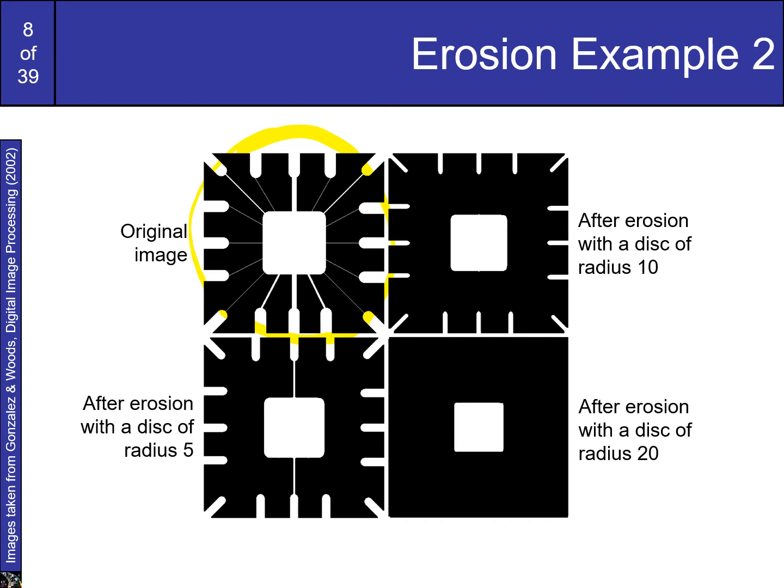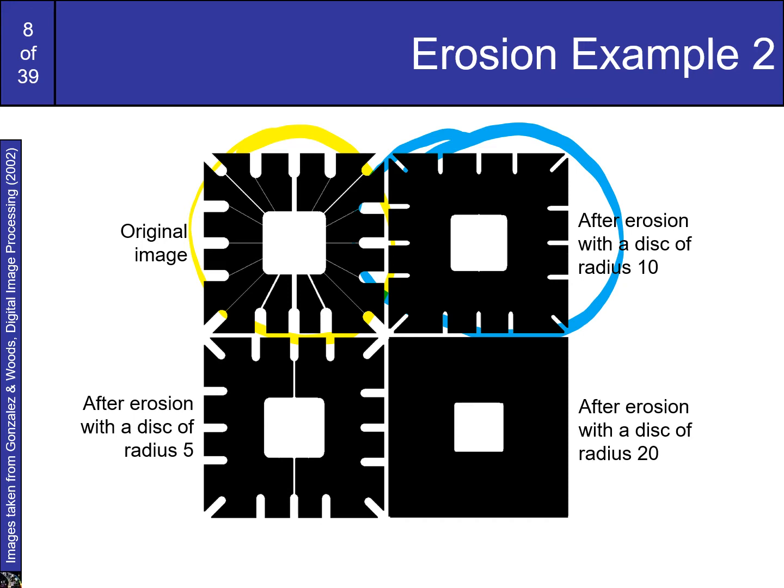So when we implement erosion with a disc shape of radius 10, what will happen is, you can see the effect on the top right here, and as we expected, the white pixels are shrinking.